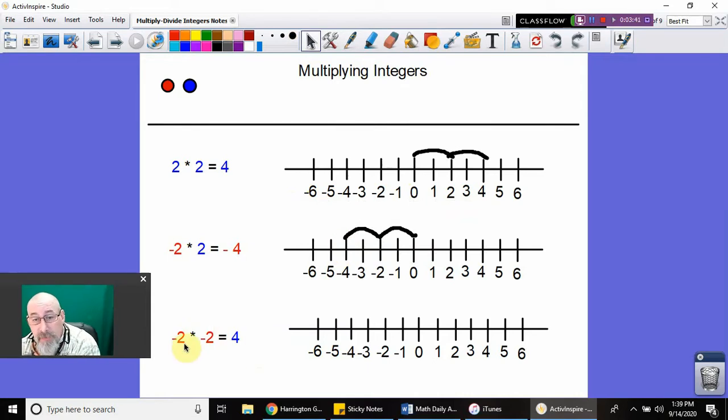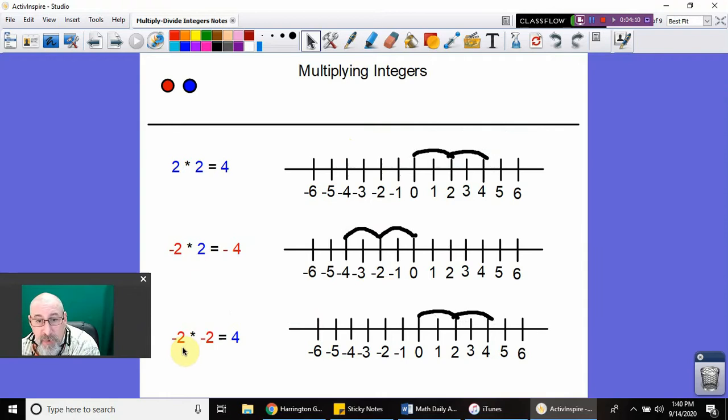Now here we have a little bit trickier. It's negative 2 times negative 2, which means that it's negative 2. But we're going to do that twice in the opposite direction. So we're going to end up with the same thing we have up here.